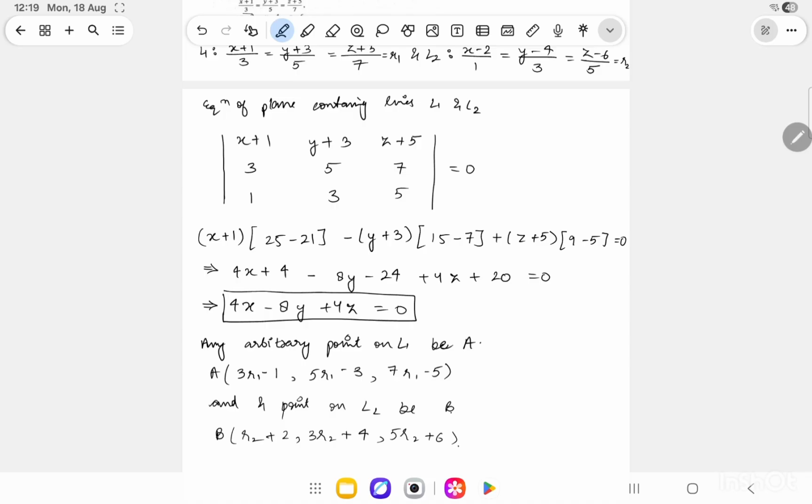We are able to find these points by individually equating these terms with R1.